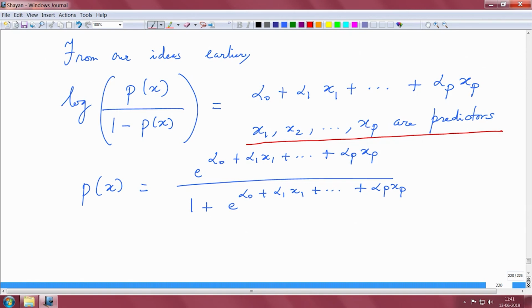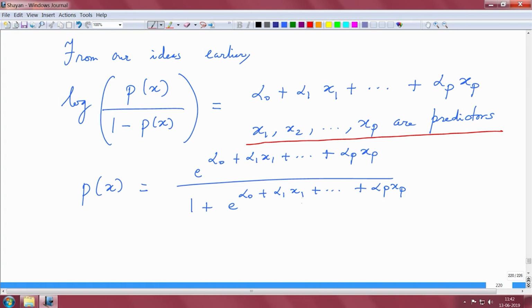So, I repeat again, alpha 1, alpha 2, alpha 3, alpha p, including alpha naught, these are all the unknowns that we need to estimate, and x1, x2 so on till xp, they are the predictors. Now, straightforward algebraic manipulation will give us this equation for p(x).